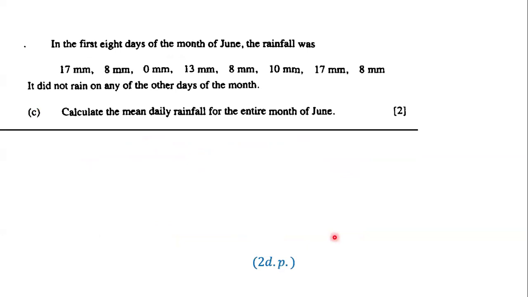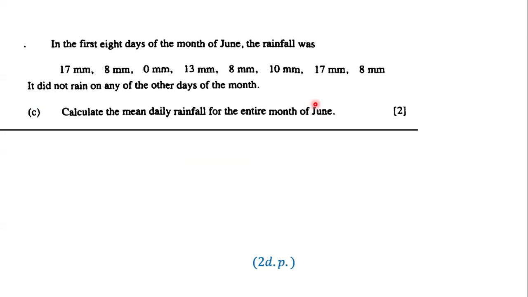Next, our goal is to determine, it says, if it did not rain on any of the other days of the month, calculate the mean daily rainfall for the entire month of June. Now, the entire month of June contains 30 days. And so in order for us to find the mean, we have to add up all of the data values for the month of June and then divide it by 30.